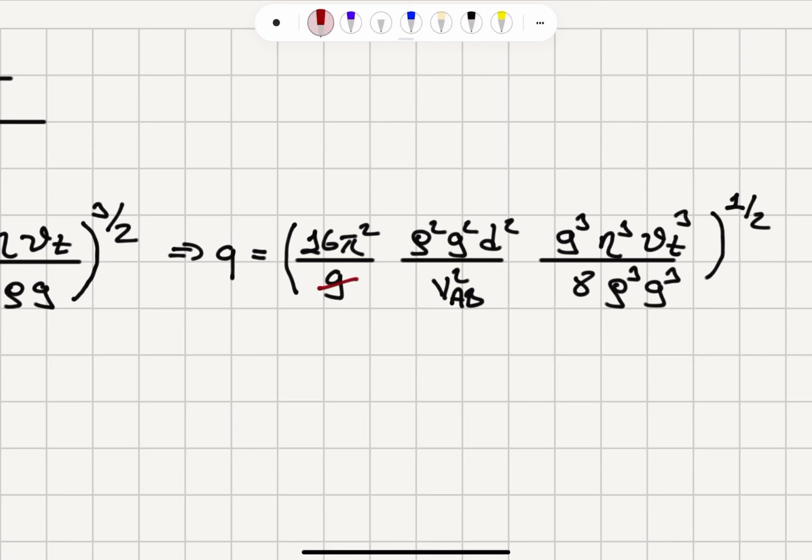This 9 will make this 9 cube 9 square. This 16 will become 4 if I divide it by 4. If I divide 8 by 4, I will obtain 2. And then this rho cube will become, because of this rho square, it will become rho.